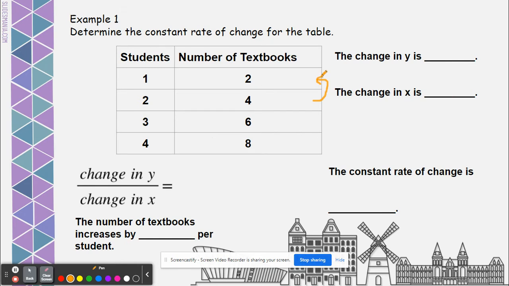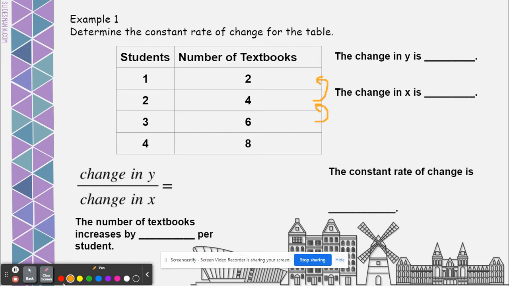So what is that? Well, that's going to be 2. I think I'll do one more entry just to be sure. What's 6 minus 4? It's 2. So I think I can pretty safely say here the change in y is 2.